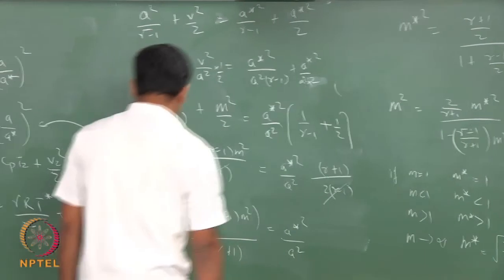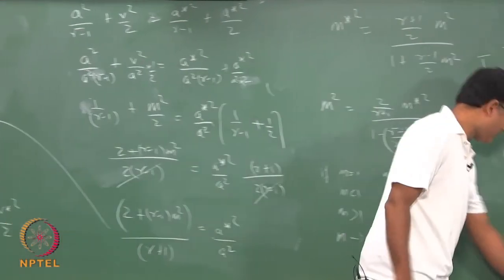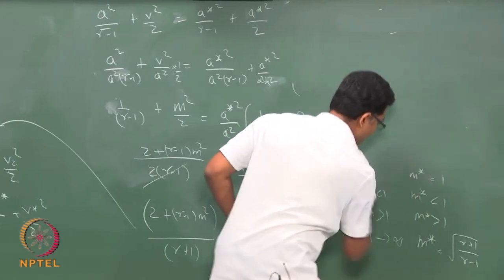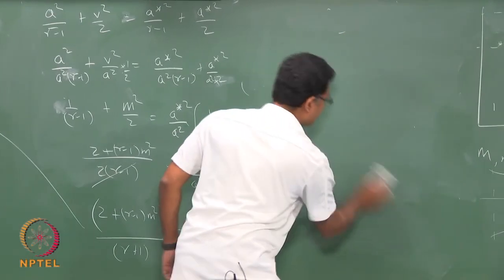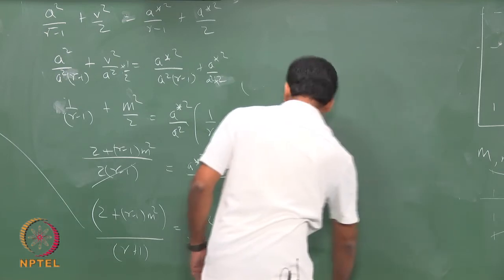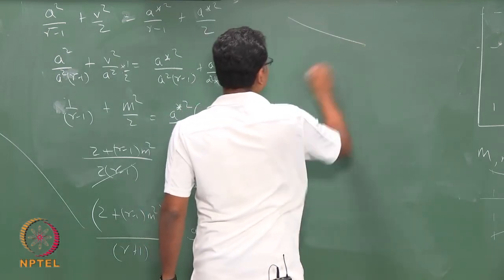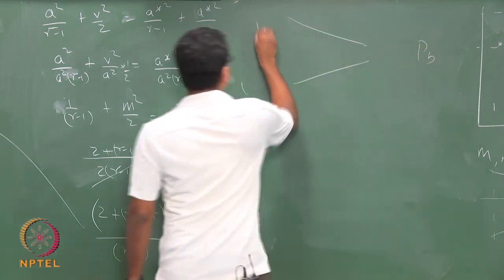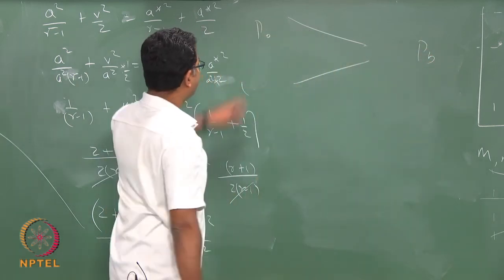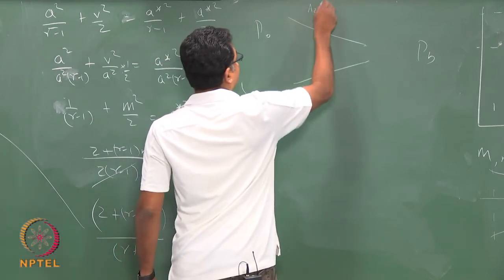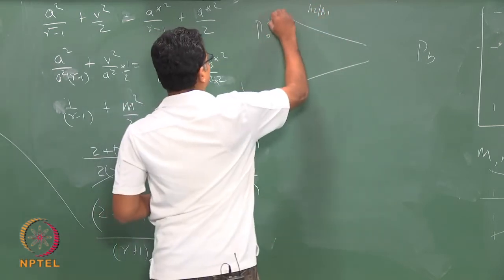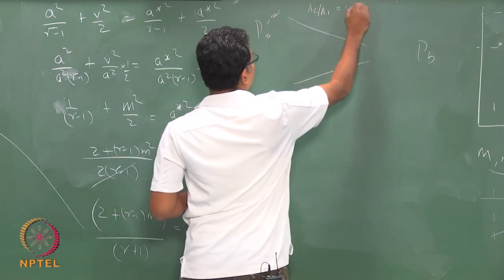So I will end with whatever we had done previously. We will compile whatever we had done previously by changing your PB. So I have a typical area ratio. P0 is kept constant, this is also kept constant.